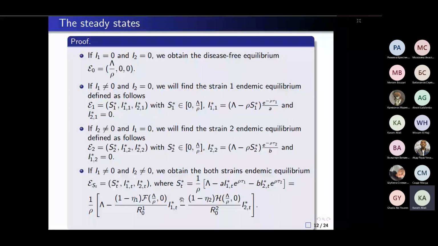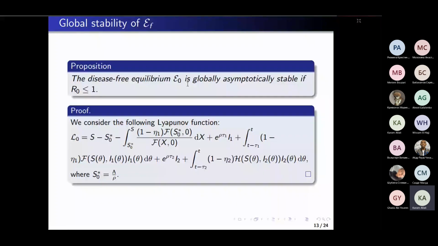We have ST, the total S star, I1 total and I2 total, and we have this equation. The disease-free equilibrium E0 is globally asymptotically stable if R0 is less than or equal to 1.